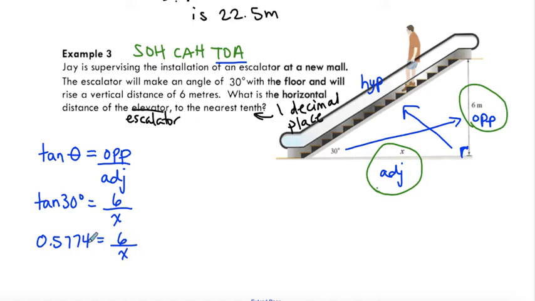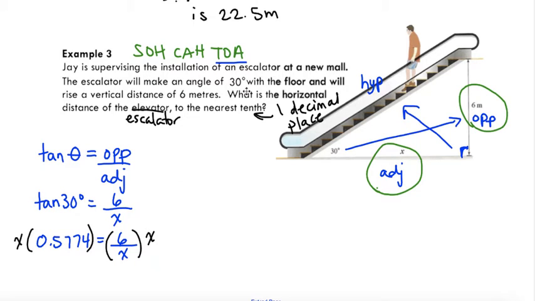In our previous lessons, we put this over 1 and we did some cross multiplication. In this one, I'm going to show you how you can just multiply what we have in the denominator to get rid of it, so you have a different example to look at or a different strategy to use. So in order to get rid of the x in the denominator, I want to multiply both sides by x.